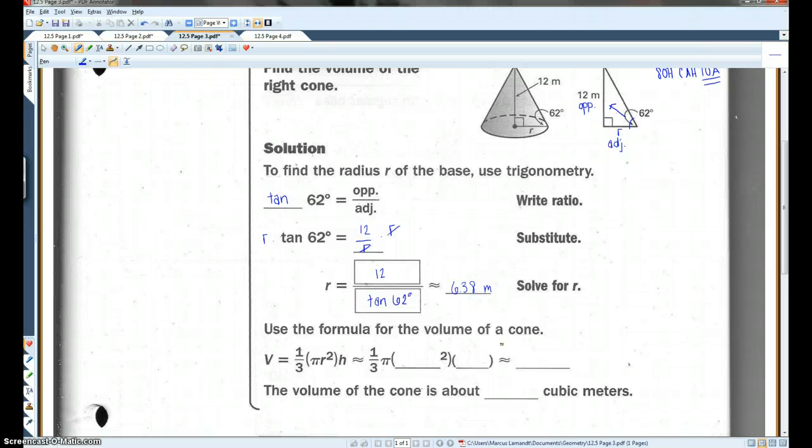Now we can use the formula. 1/3 pi r squared h, where r is 6.38 and the height is 12. Let's pull out the calculator again.